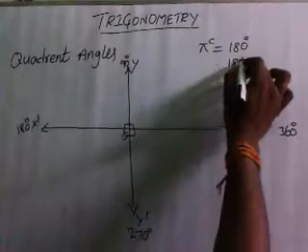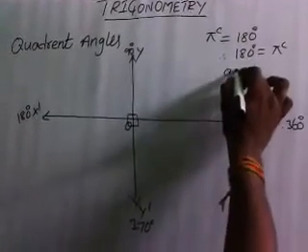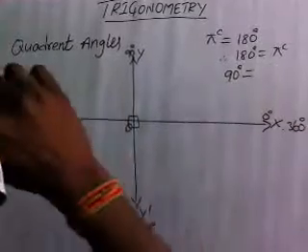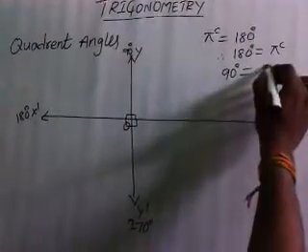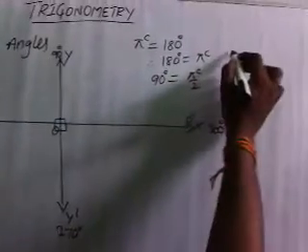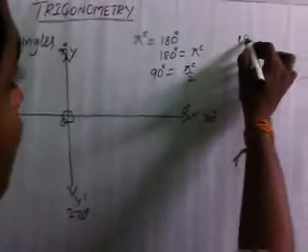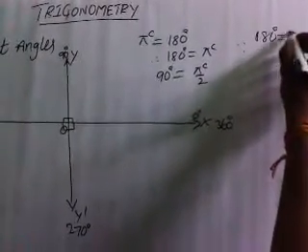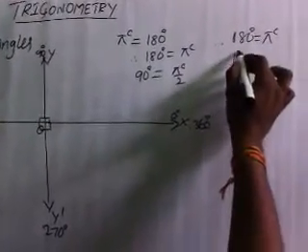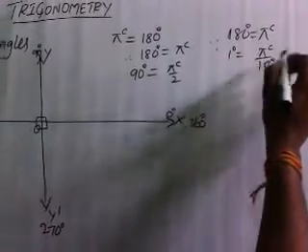Therefore 180 degrees is equal to pi radians, and 90 degrees is equal to pi radians by 2. Since 180 degrees is equal to pi radians, 1 degree is equal to pi radians by 180.